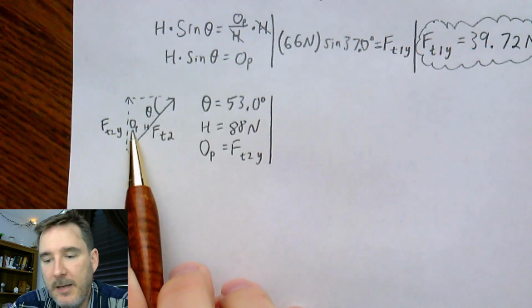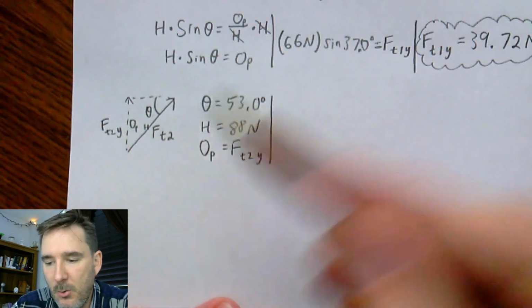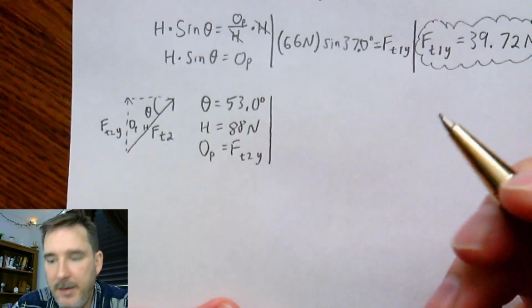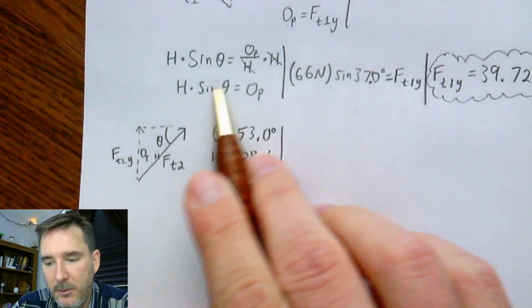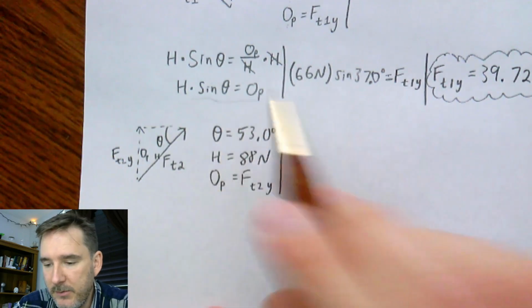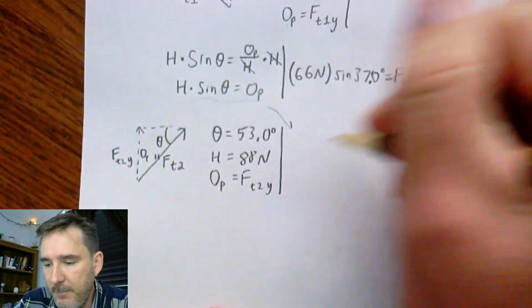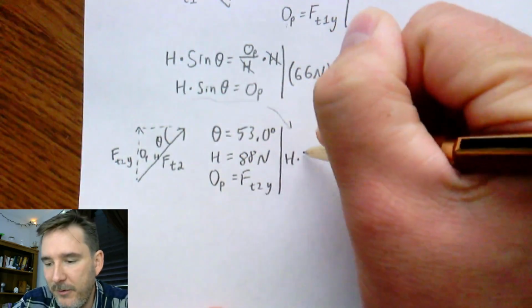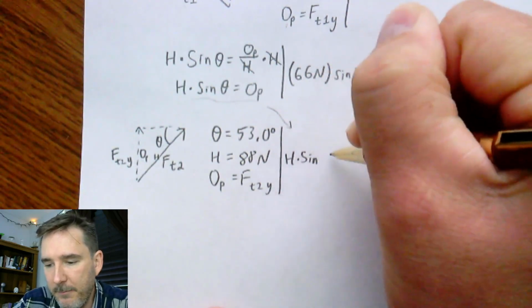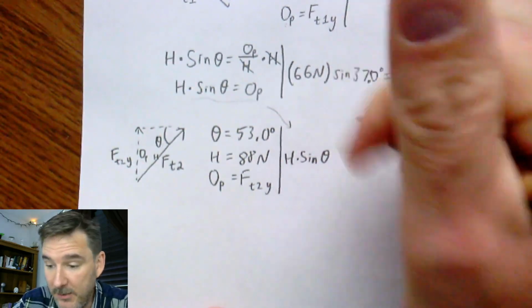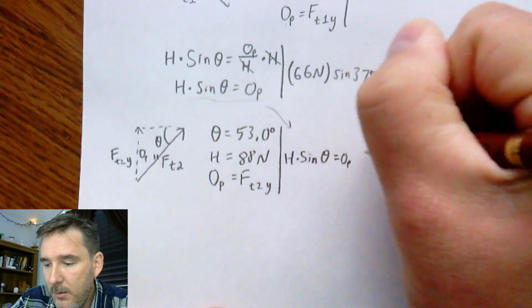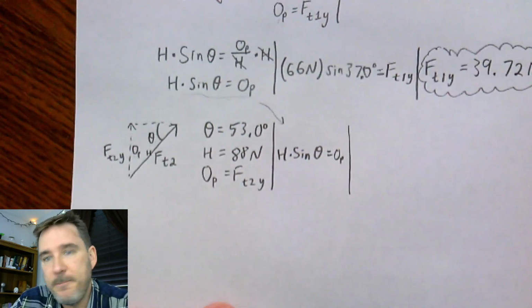All right, so now it turns out we are trying to solve for the opposite side again, just like we did in the other one. And so I've already figured out that sine, and I've already figured out the equation here. So I'm just going to rewrite this just like that because I've already done the math. I should say I've done the algebra. So I'm going to use that same equation.